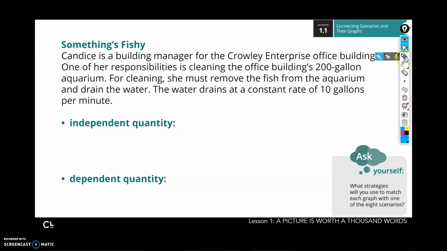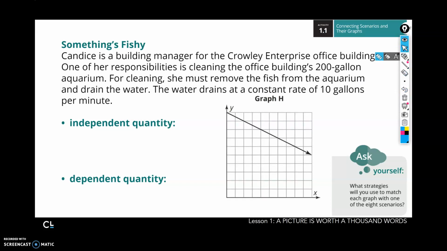That word constant is very important. We're going to talk about that later. Of 10 gallons per minute. Let's find the graph. Graph H. We were talking about that word constant. Constant rate also talks about slope.